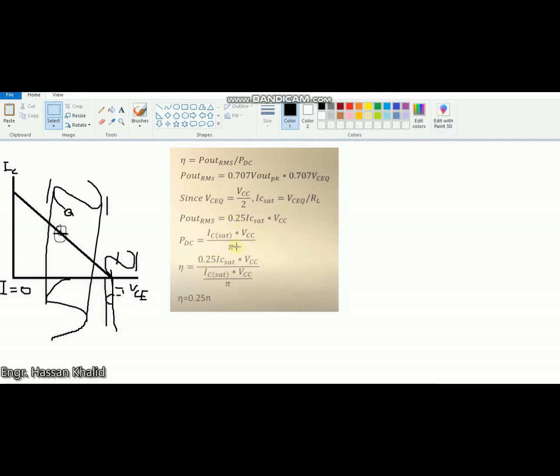By placing these values of the RMS output power over the DC power, which is the average power, we can easily obtain a result that is 0.25 times the 3.14 factor, that is actually equal to 78%.